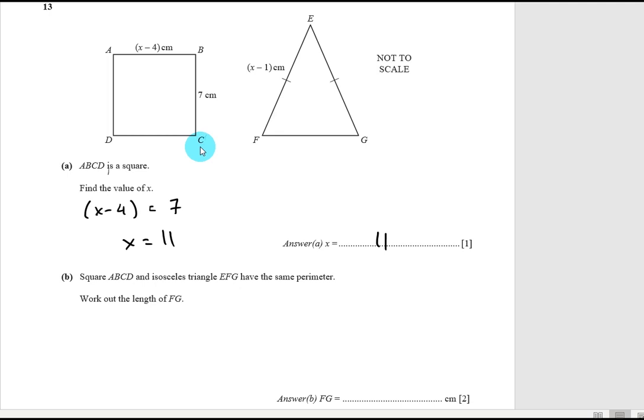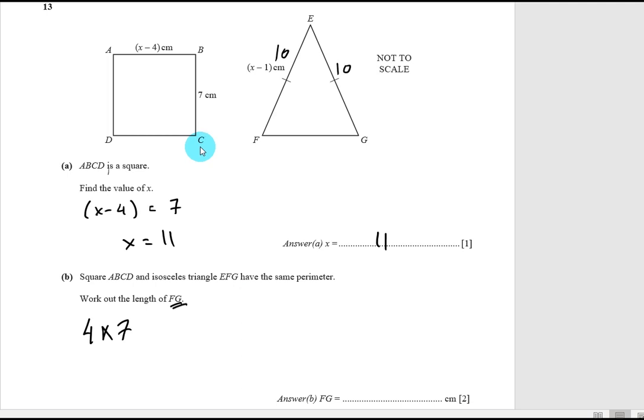Square ABCD and isosceles triangle EFG have the same perimeter. Work out the length of FG. Same perimeter. The perimeter of the square is 4 multiplied by 7. Here in this triangle, this side is 10 and this side is 10 because x is 11, 11 minus 1 equal to 10.